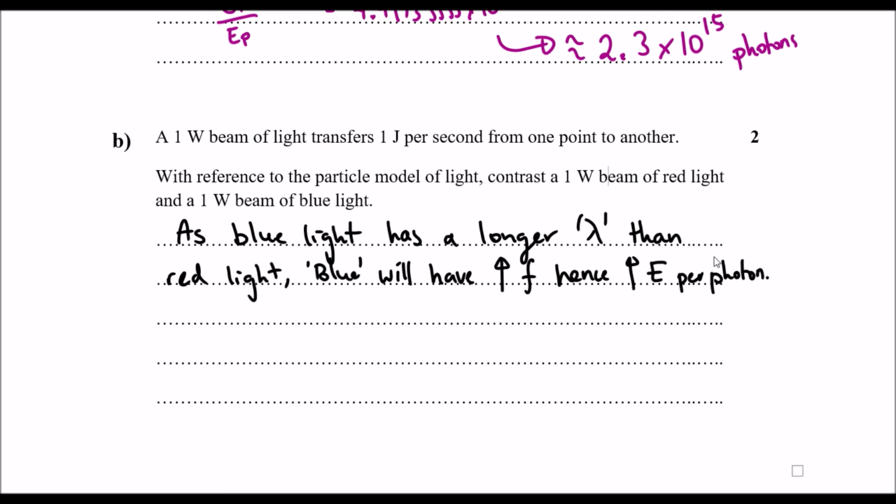And if this was an additional 3 marks instead of 2, you could then put in the formula E equals hf to justify what you're talking about here. That's fine too.